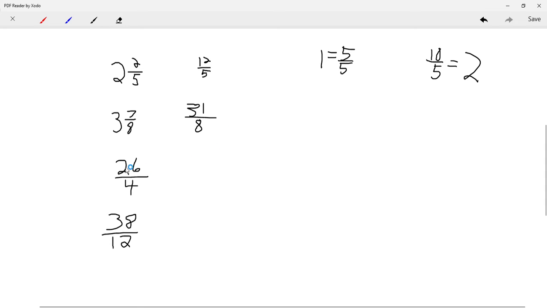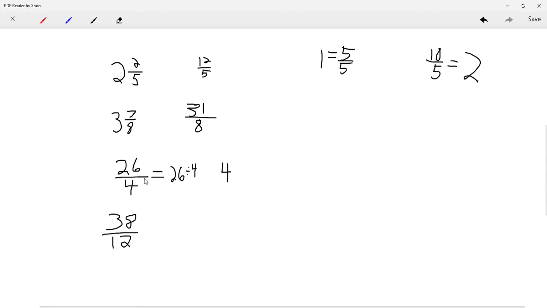improper fractions. And to convert improper fractions into mixed numbers, all you're doing is division. The fraction bar is literally a division bar. So this is literally the same as this.